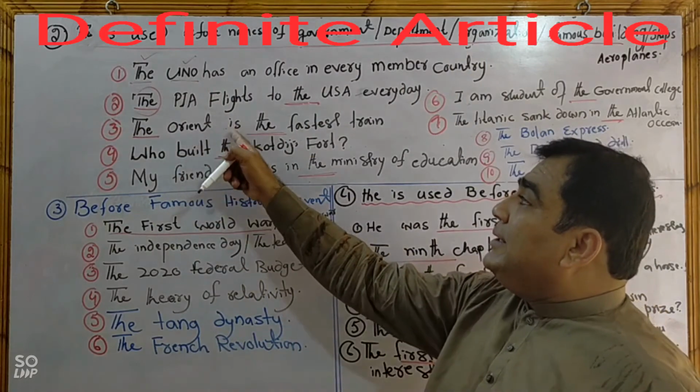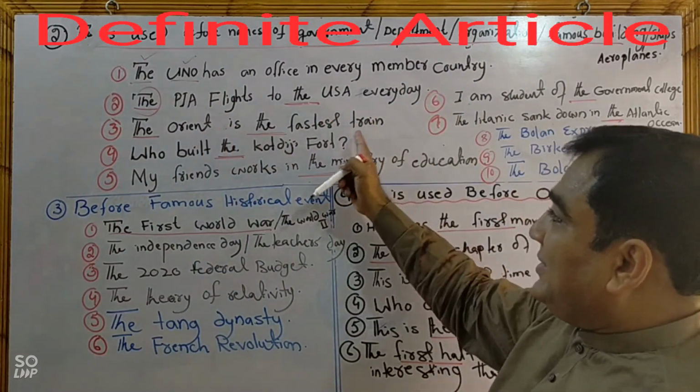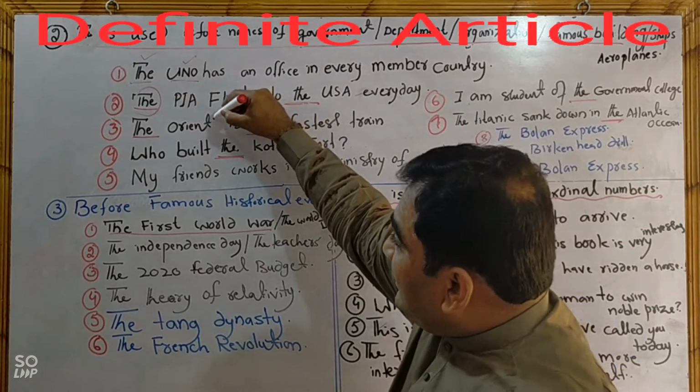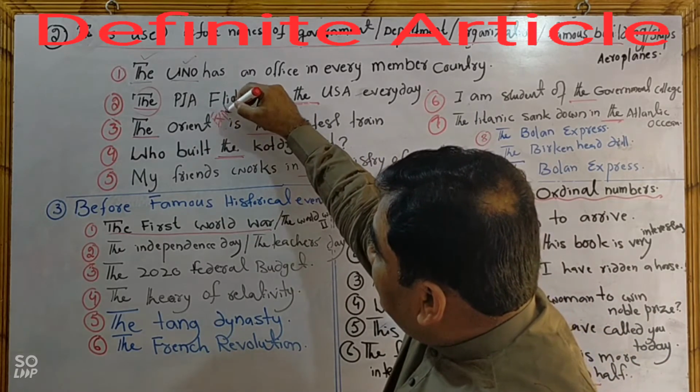So this is again what we say. The Orient Express is the fastest train. Yes, Orient Express is a train, mentioned in Prisoner of Zenda.